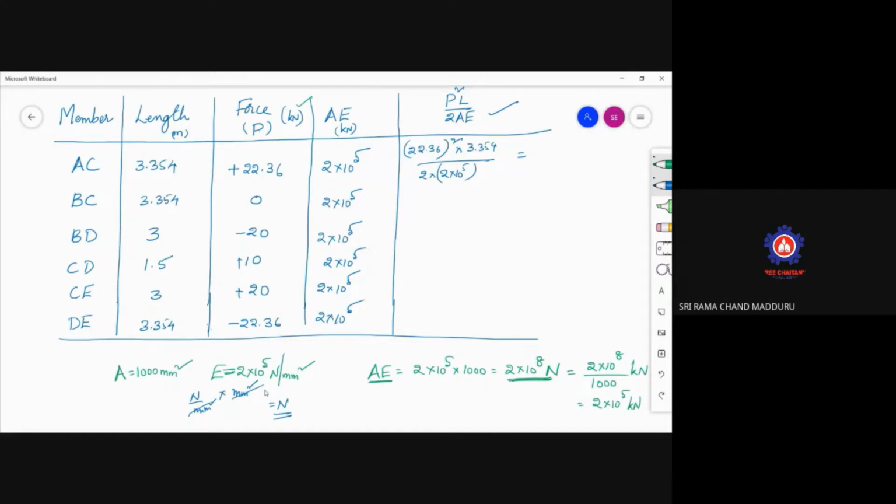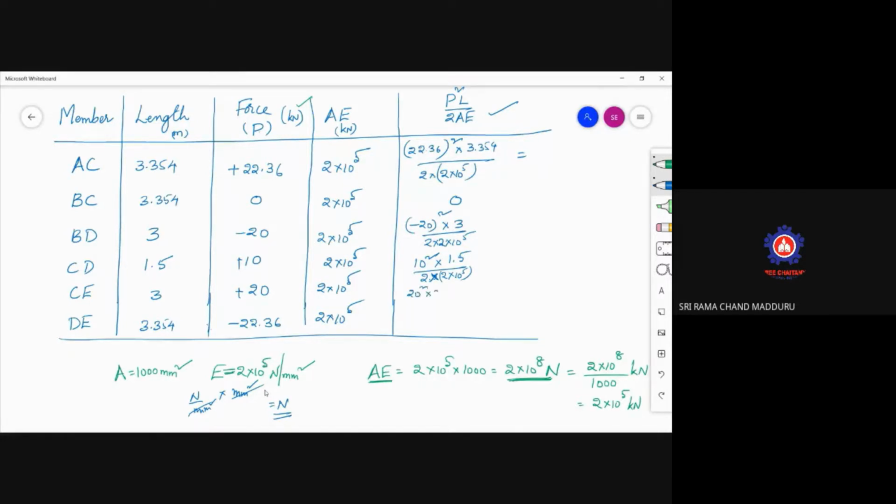And as it is multiplied by 0 square, this value will become 0. So this is minus 20 whole square into 3 by 2 into 10 power 5. Then 10 square into 1.5 by 2 into 10 power 5, where the AE value is 2 into 10 power 5.